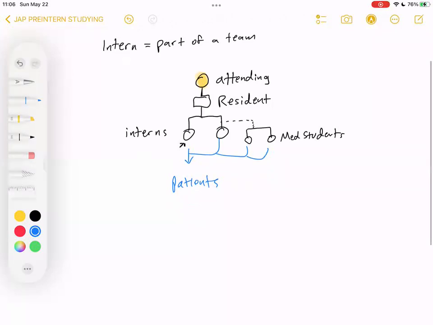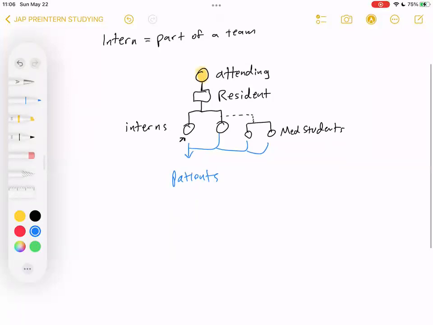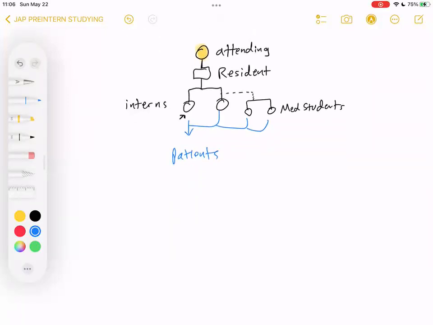Okay, and there's always a question: is there a maximum number of patients you can take care of? And the answer is yes. The max patients for an intern on the medical floor is 10 patients per intern. So you'll be responsible at most for 10 patients on the floor. In the ICU, it's 4 patients or 5, 4 plus 1, I think.